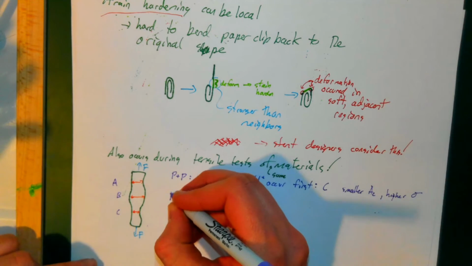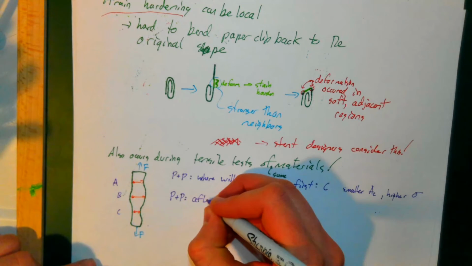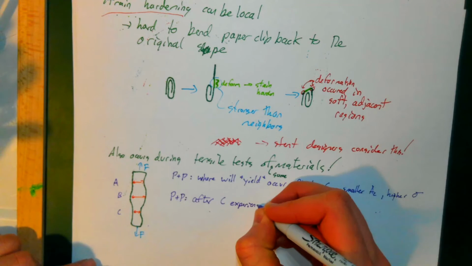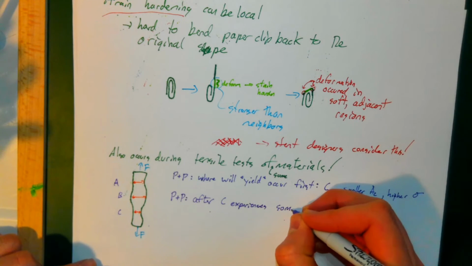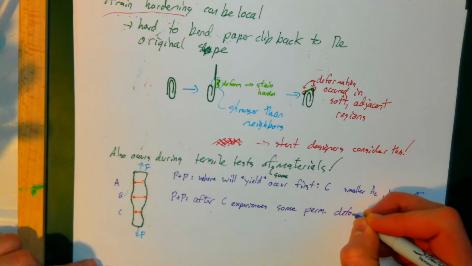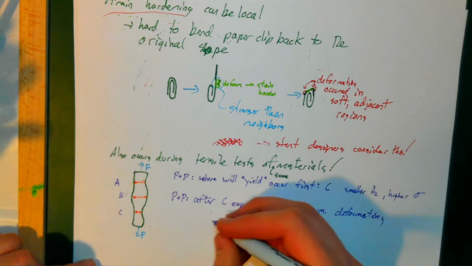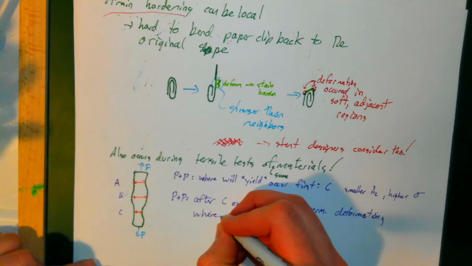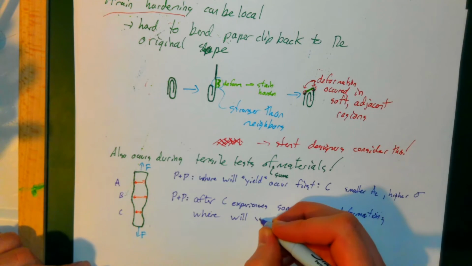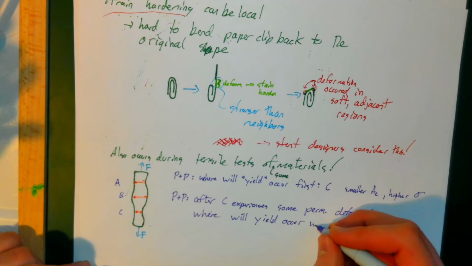Next question, pause and ponder. After C experiences some permanent deformation, where will yield occur within the sample?